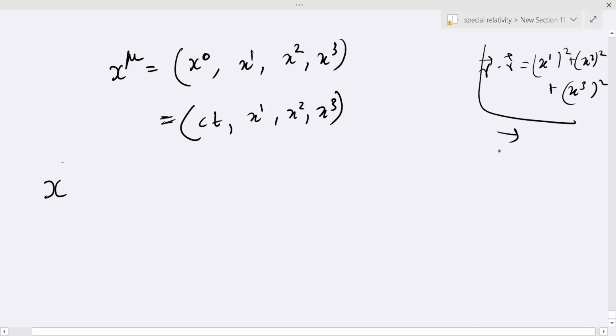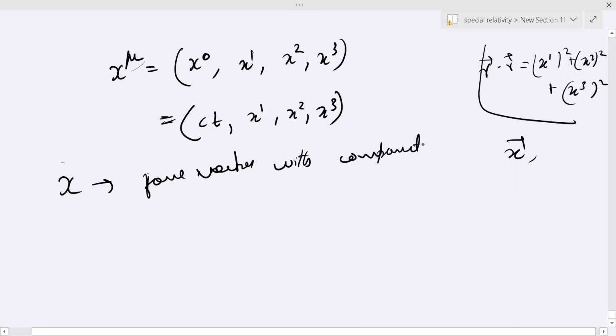If there's a vector arrow, I'll call it a 3 vector. Without an arrow, it means it's a 4 vector. So the components of the 4 vector are given by x mu. This can be called the position 4 vector with components x mu.